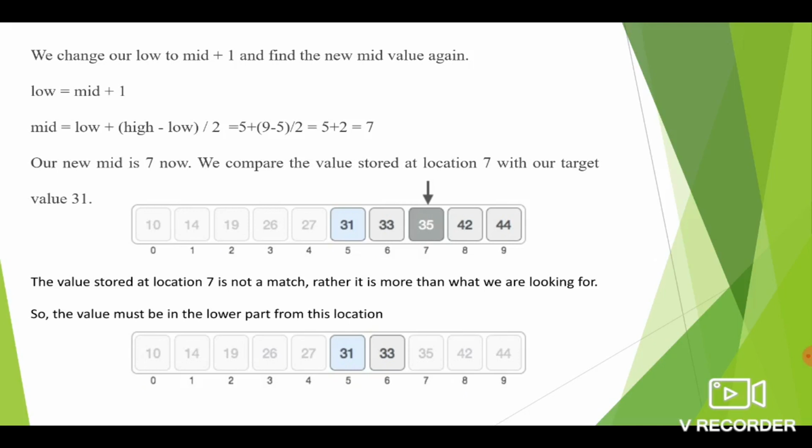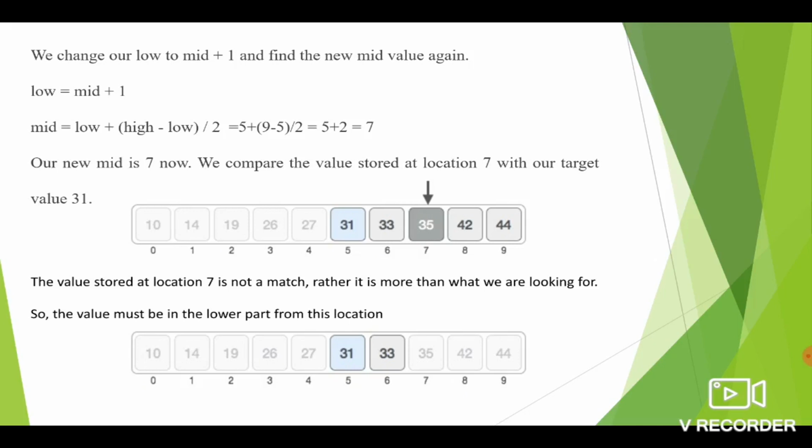The right-hand side elements need not be searched. They are shaded: you can shade 35, 42, 44. You make a search only in the left half. Now we have only two elements, 31 and 33.